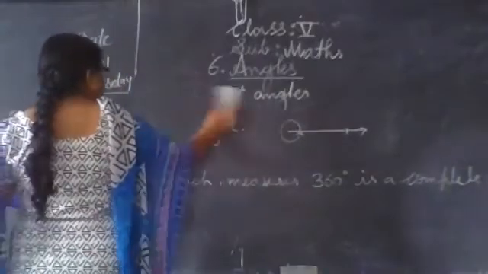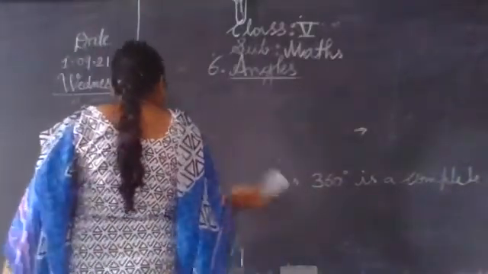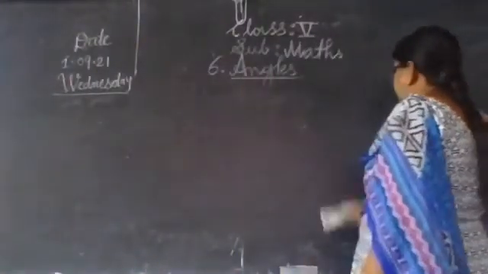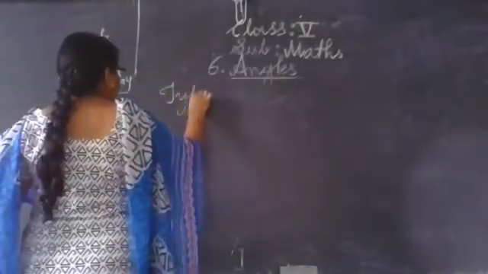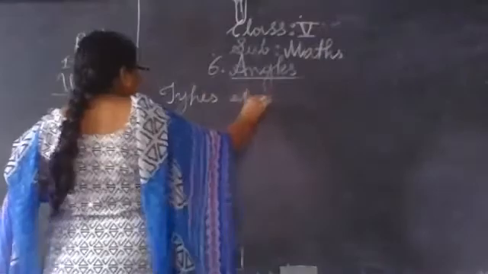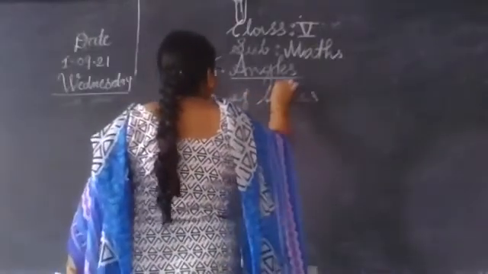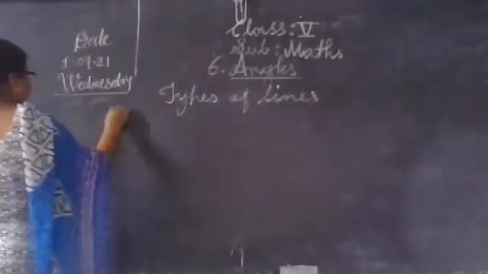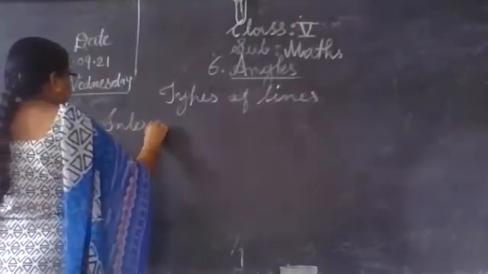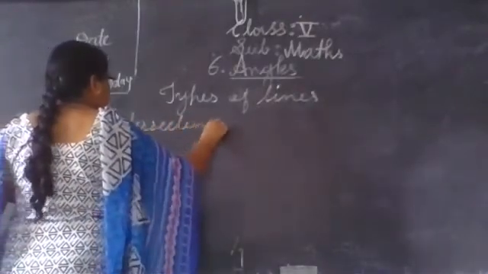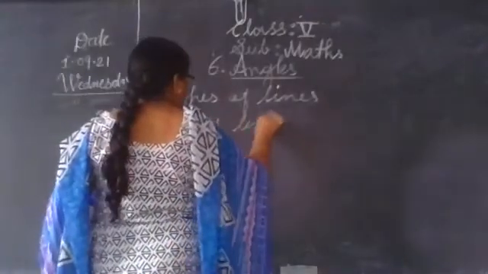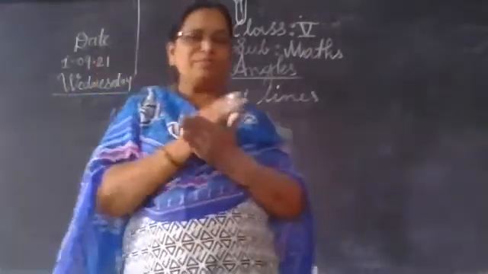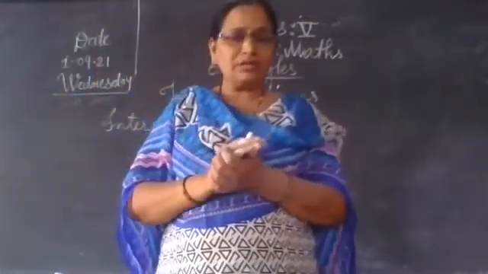Now let's see types of lines. First, intersecting lines. Intersect means to meet at a point or to cut.